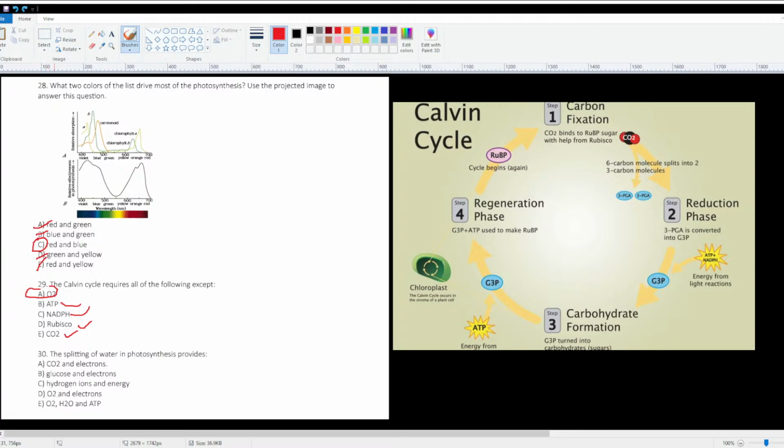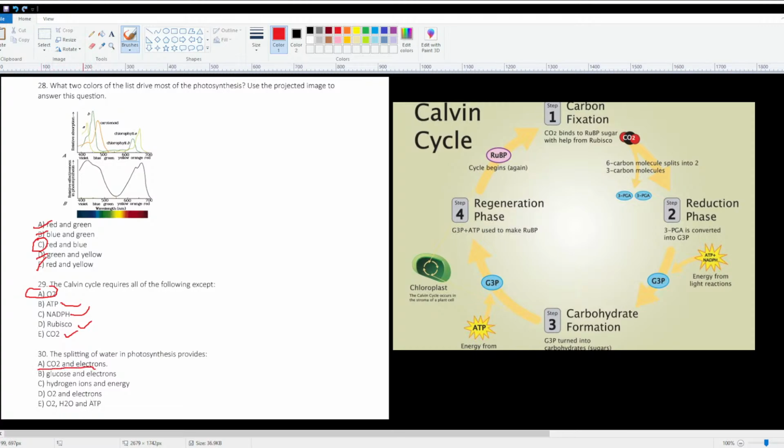So you and I, we probably wouldn't study this if we're being honest. Let's just think about what's going on here. If we're splitting water, then most likely we're going to make O2 and we're going to make electrons.